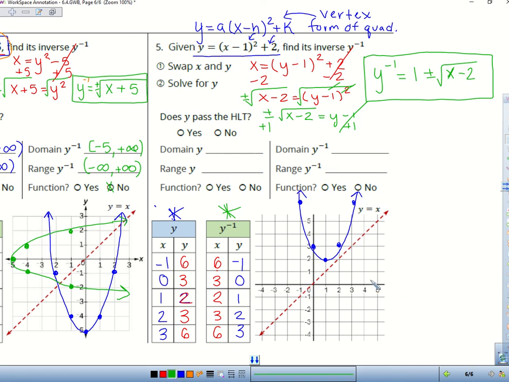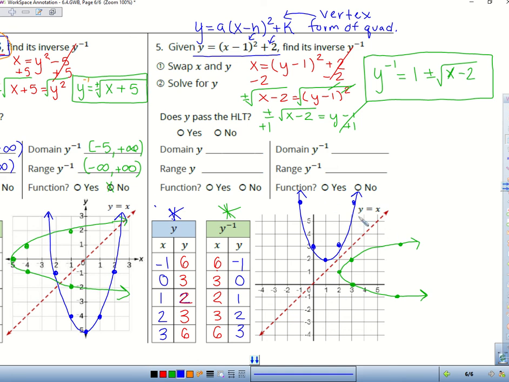And then we have 6, -1, 3, 0, 2, 1, 3, 2, and this one. Like that.